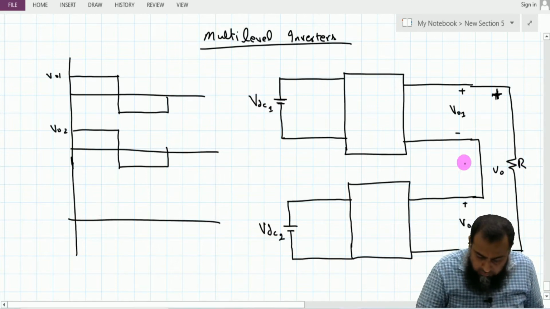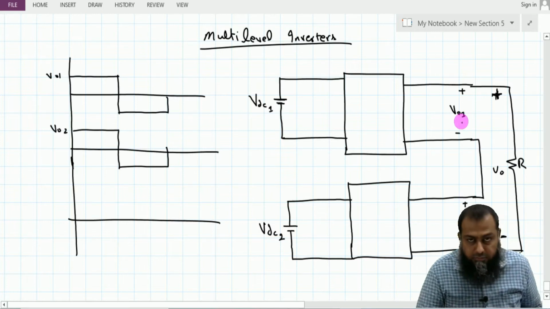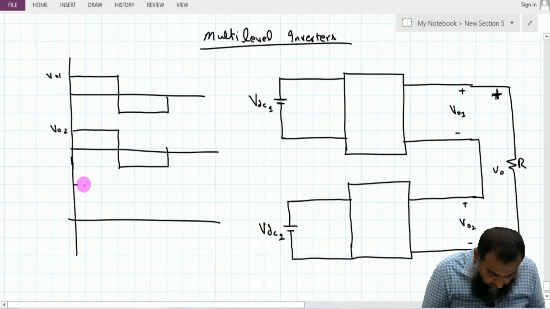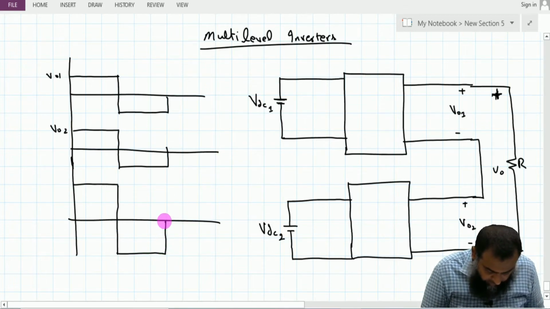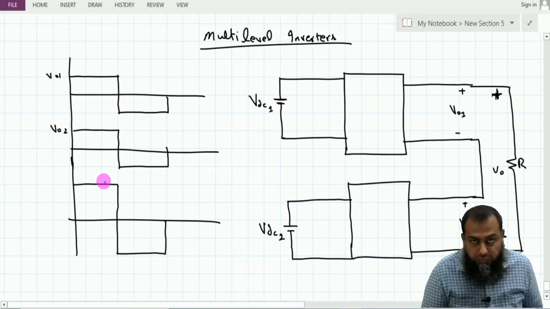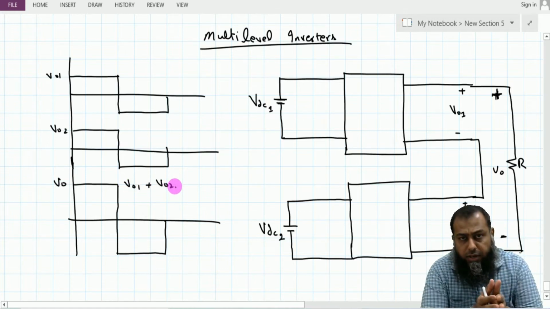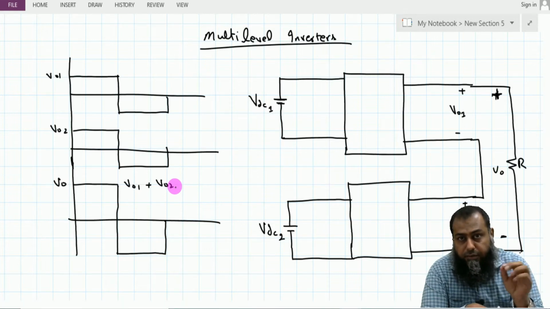With this plus and negative sign, because it makes a series connection, the output voltage becomes equal to twice the voltage V01 or V02, or we can say that V0 is a sum of voltages V01 and V02. We can see that it is not possible to get an output voltage with multiple output voltage levels.